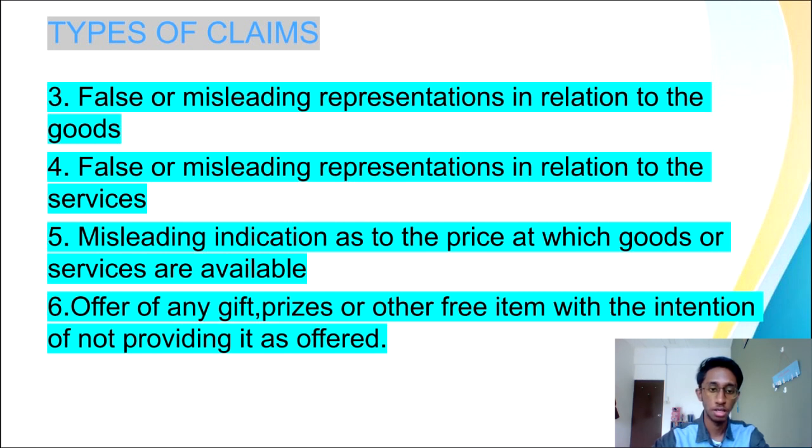Third, false or misleading representations in relation to the goods. Fourth, false or misleading representations in relation to the services. Fifth, misleading indication as to the price at which goods or services are available. And sixth, offer of any gift, prizes, or other free item with the intention of not providing it as offered.